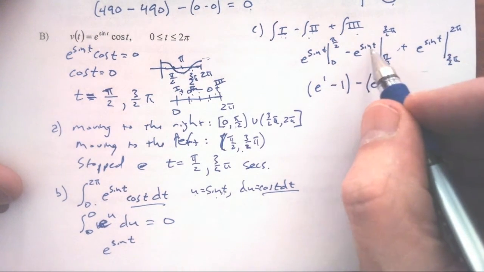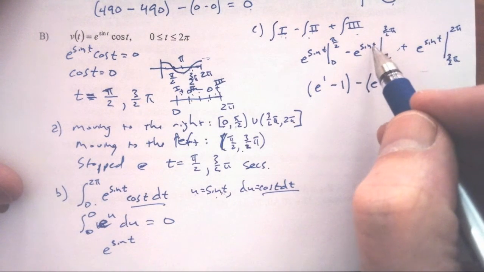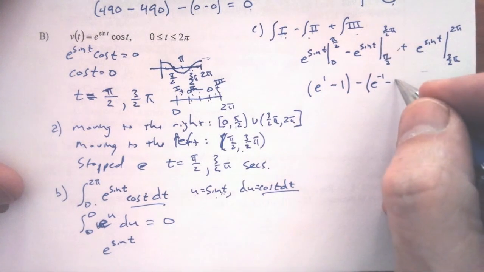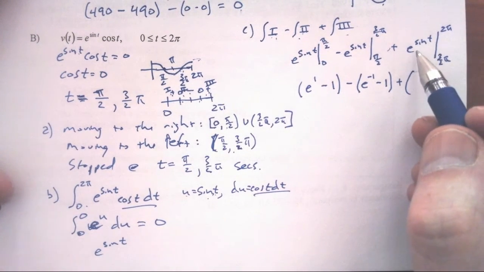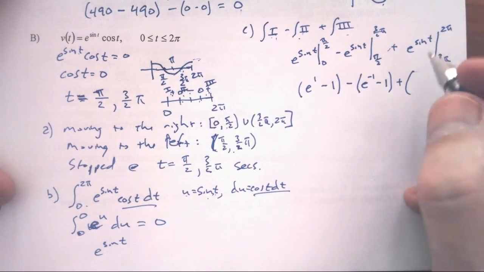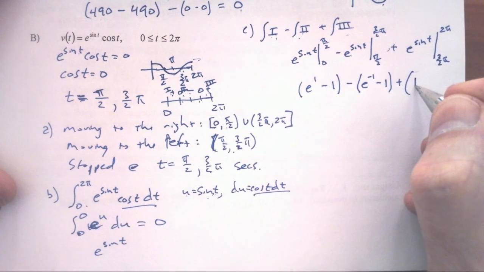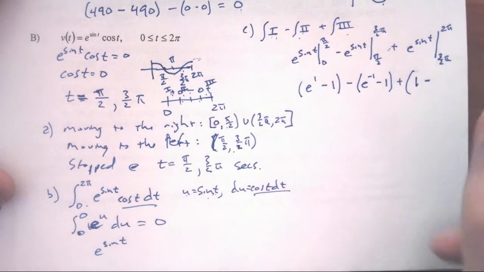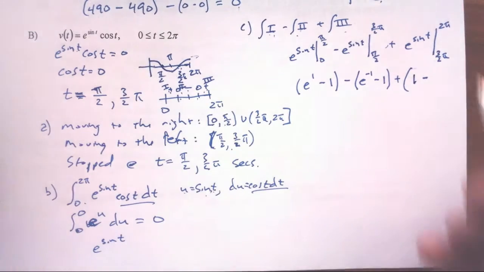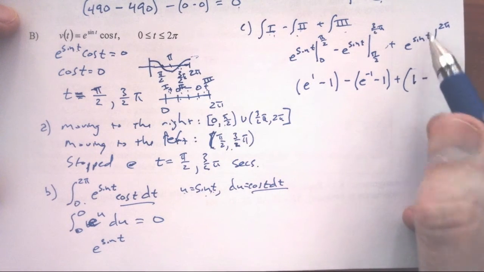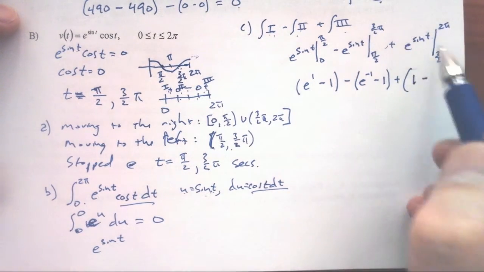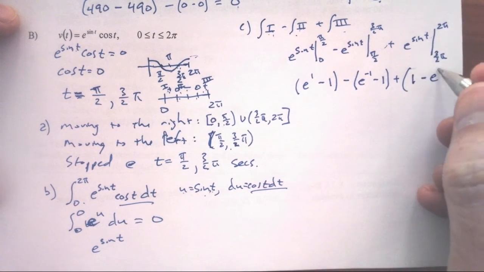Minus e to the sine of pi on 2, that's 0. E to the 0th is 1. Plus, parentheses, sine of 2 pi is 0. E to the 0th is 1. Minus e to the sine of 3 halves pi, 1, 2, 3 is negative 1. E to the negative 1.